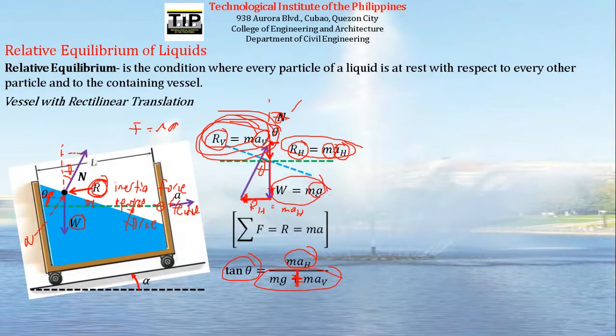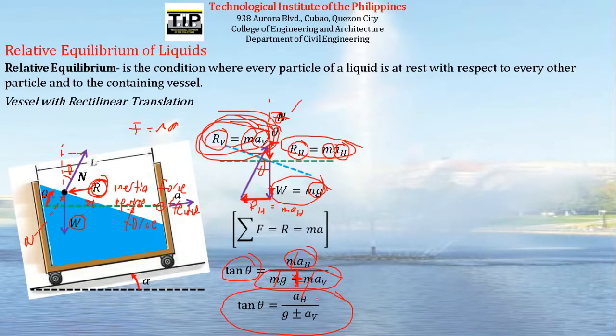So, this is mg plus m times a sub v. Plus because they are both going down. Now, we can remove the mass because it's common to all of them. So, the final equation is this.